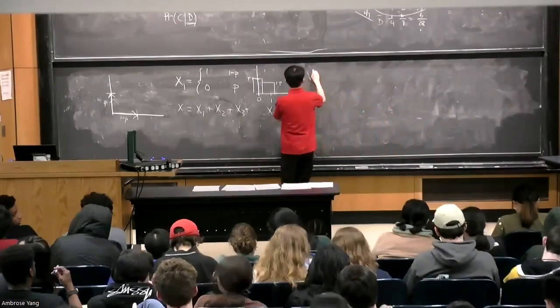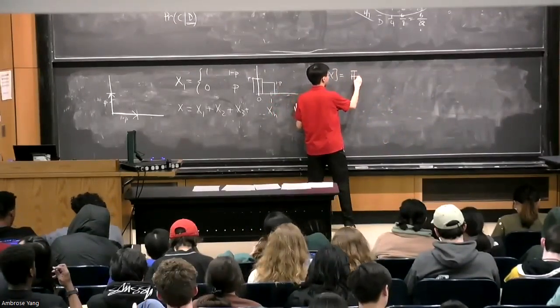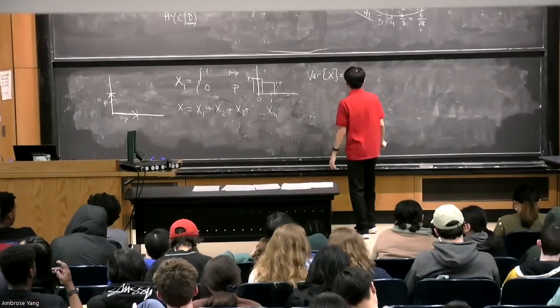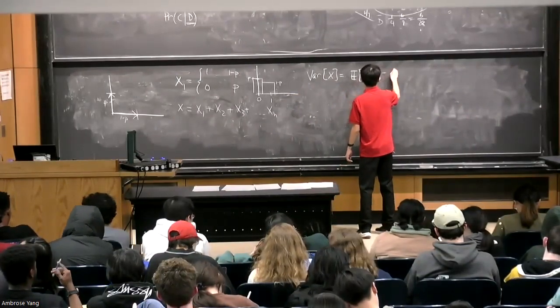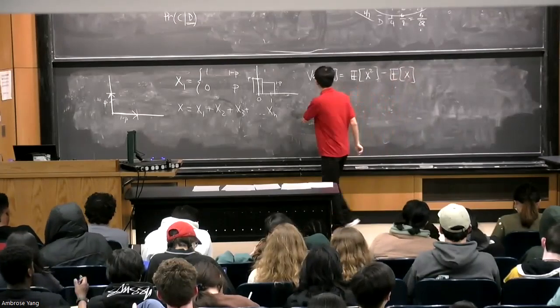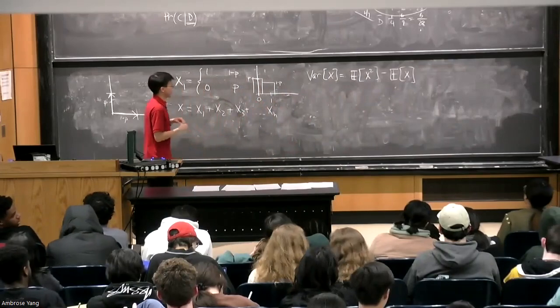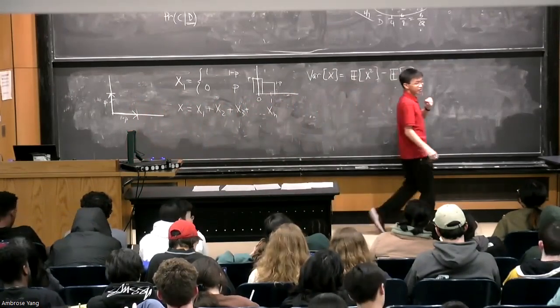The variance of x is equal to E of x squared minus E of x, squared. The variance of the x position, one way is to think about it like this.